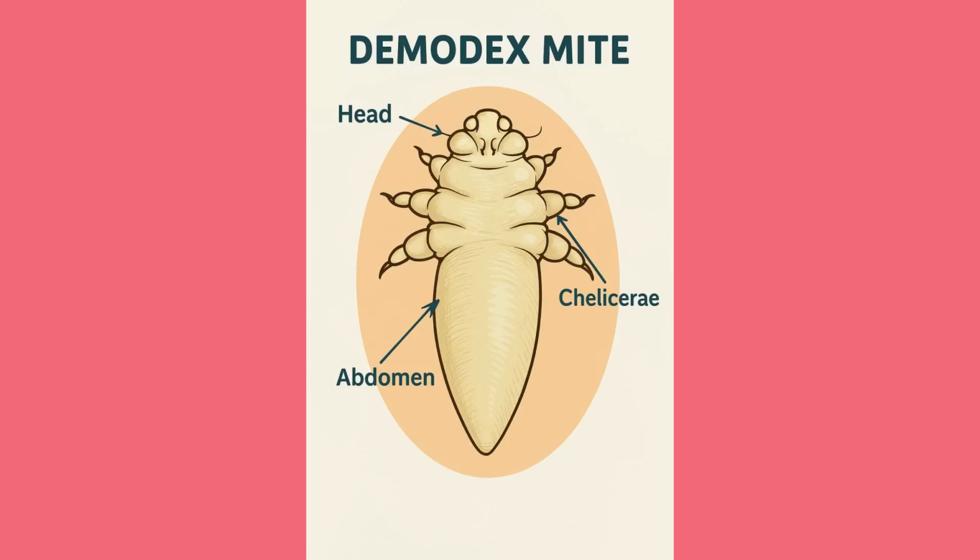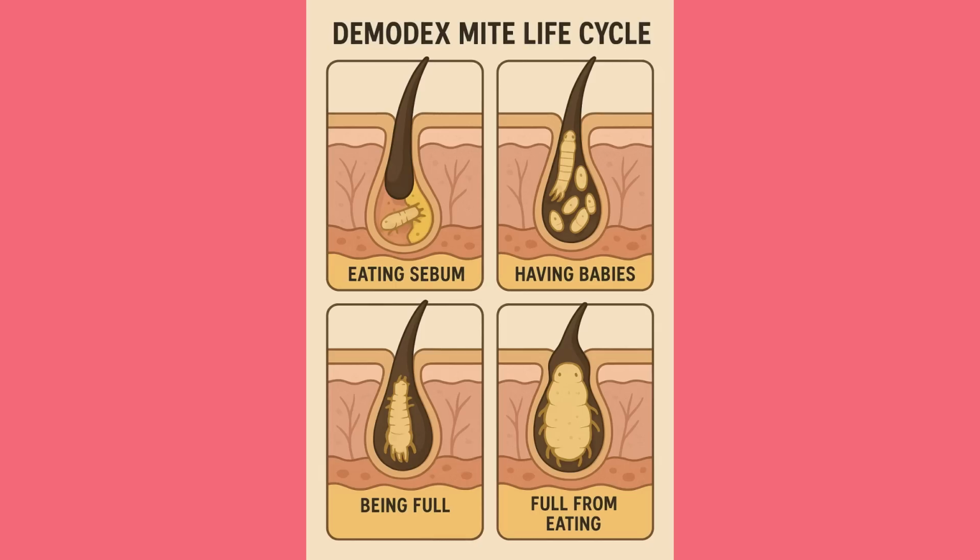And then last up, Demodex mites. I've talked about Demodex mites here on my channel so many times. And as we speak, at this very second that you're listening to the sound of my voice, these Demodex mites live within your hair follicle, and this is their life cycle.